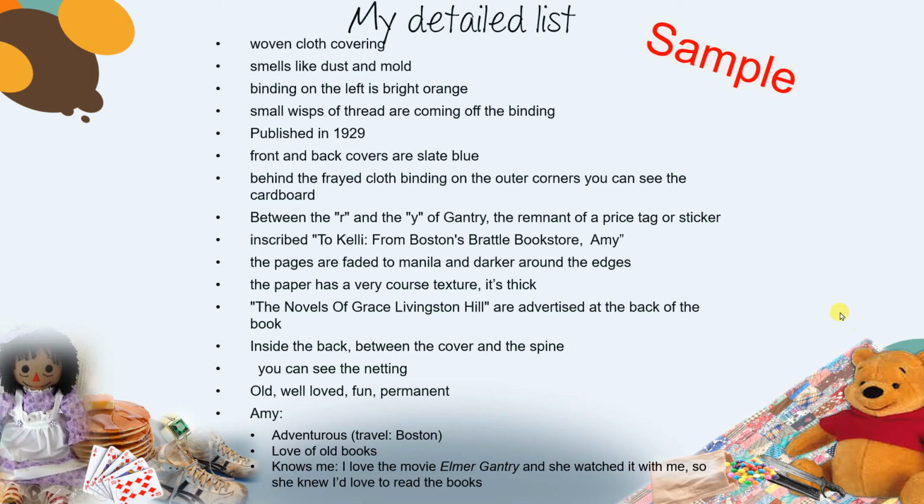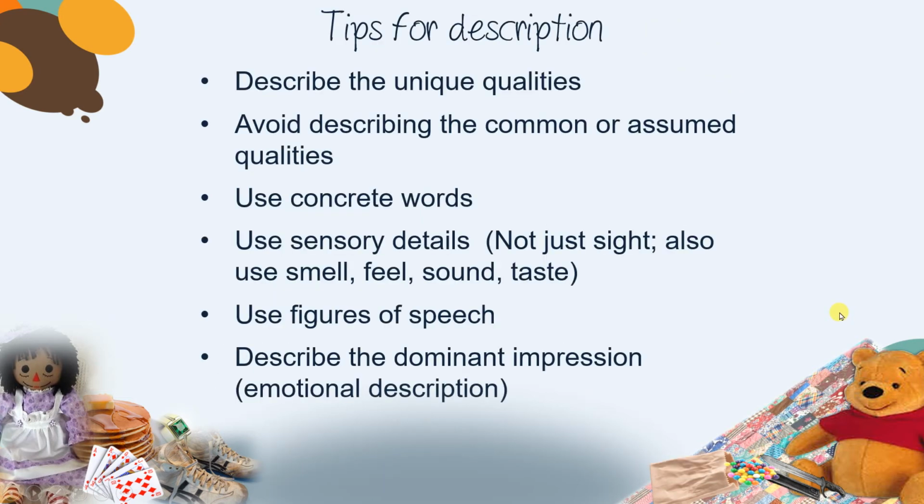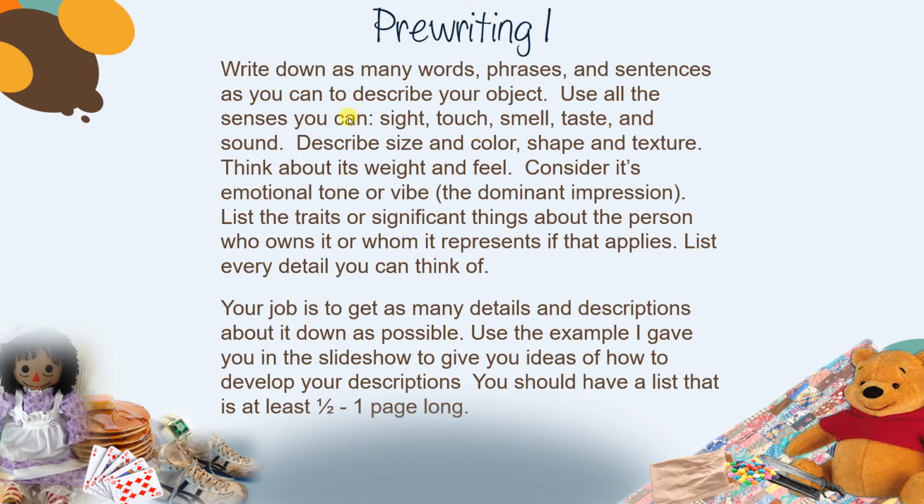That's what it is. And when we look at the pre-writing, that's your job. Write down as many words, phrases, and sentences as you can to describe your object. Use all the senses you can: sight, touch, smell, taste, and sound. Describe the size, color, shape, texture. Think about its weight and feel.